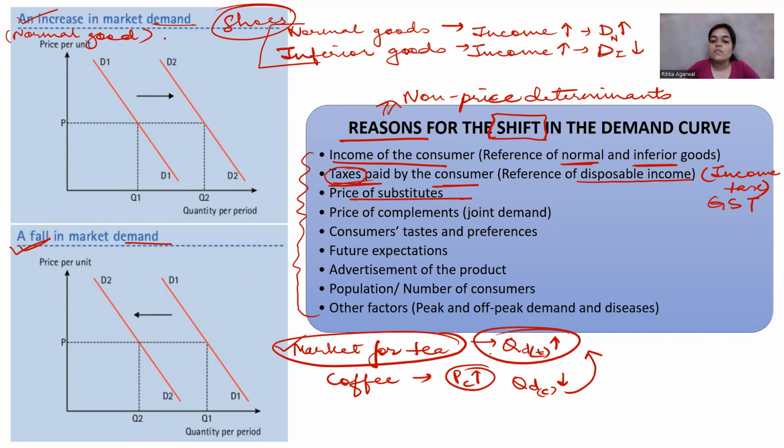So this is the scenario for substitute goods. Now we can take any other substitute goods, whatever we like. We can take purple shirts, we can take red shirts. These all are substitute goods. Next is price of complements, that is joint demand.